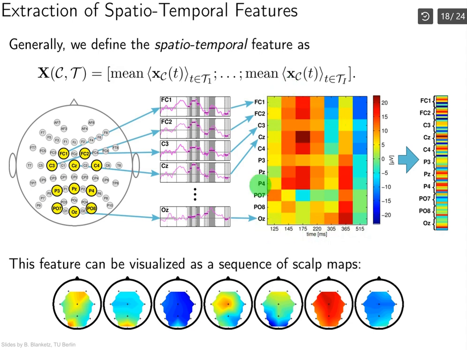Constructing this kind of spatial temporal feature is useful for analysis purposes. For example, we can pinpoint that at CZ and time 175 milliseconds, there is an increase of amplitude. There is something going on at this time point, at this channel, in space and time. So spatial temporal visualization can also help. This is an example of a spatial temporal feature.